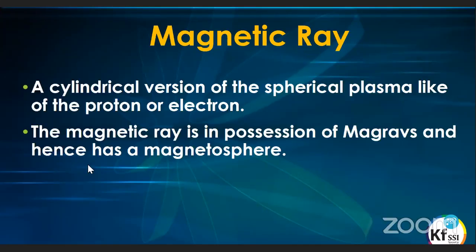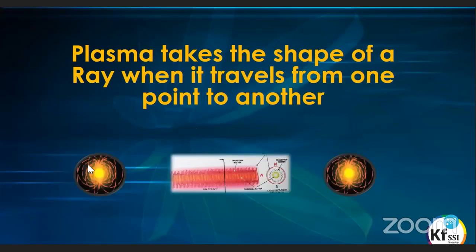So it's only in a cylindrical shape compared to the round plasma. Otherwise, it can essentially be that plasma, but it's the plasma in motion, which is what we call the magnetic ray. The plasma takes the shape of a ray when it travels from one point to another.